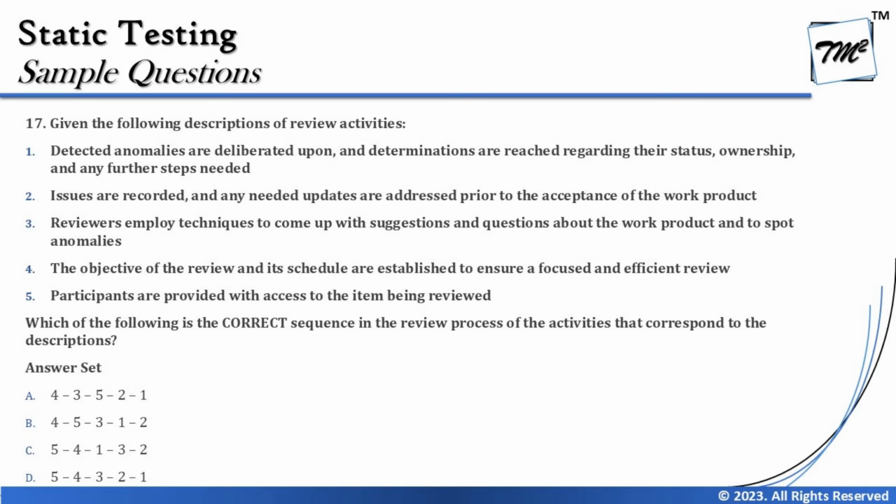And finally, issues are recorded, which are captured as a part of metrics and other things. And then any needed updates are addressed prior to accepting the work product. So rework and fixing is what happens in the last stage.